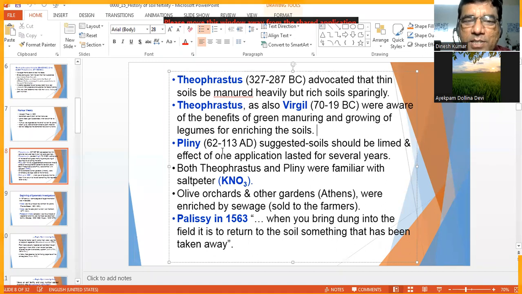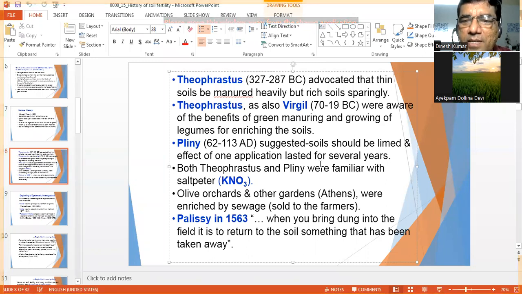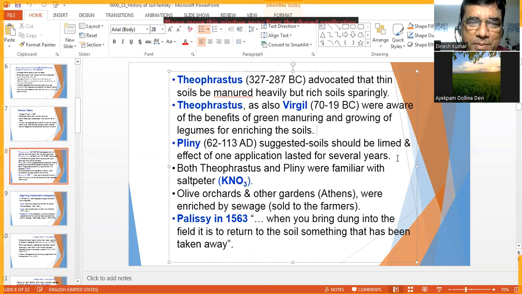Pliny, 62 to 113 AD, suggested soil should be limed, and the effect of one application lasted for several years. Interesting results he gave. That liming means maybe acidic soils, and then it will last for several years. Good experience. Both Theophrastus and Pliny were familiar with saltpeter.